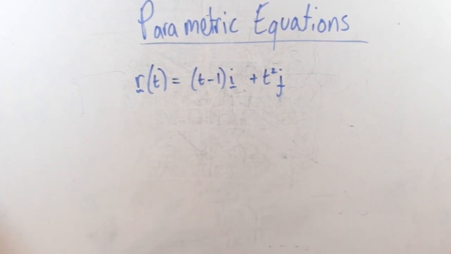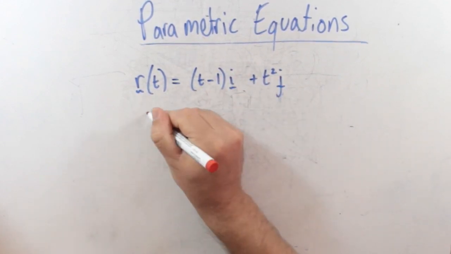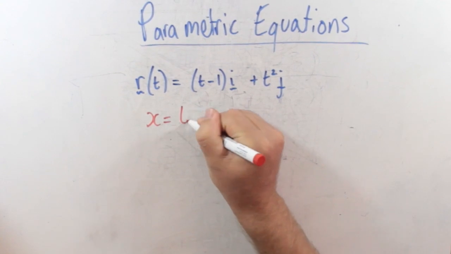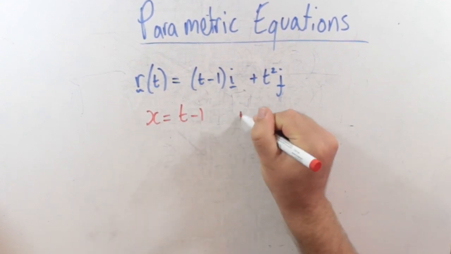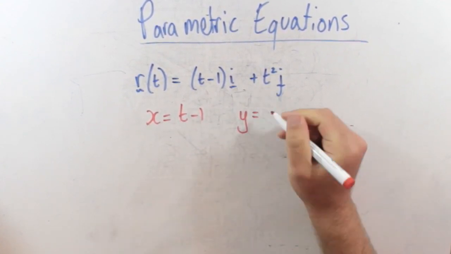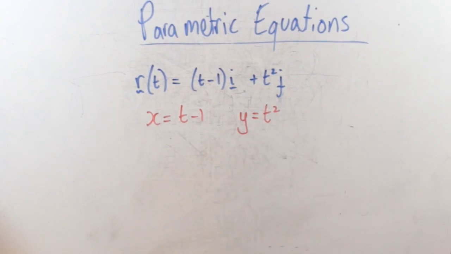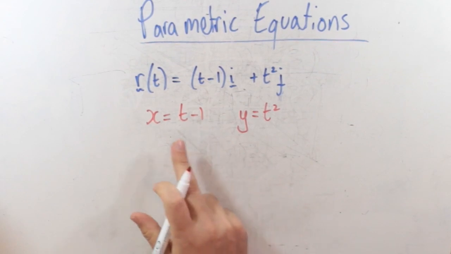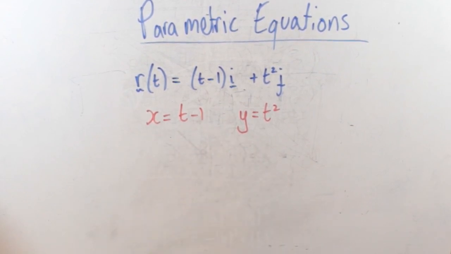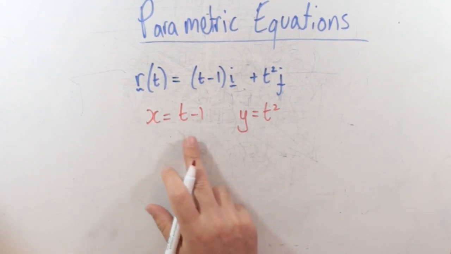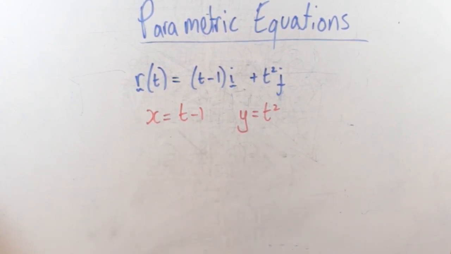Okay, so basically our i components have to equal x, so we go x equals t minus 1, and our y component is t squared. Okay, so we want to somehow combine these, so we cancel out the t's and we end up with just y's and x's. So we're trying to find the Cartesian equation for this by removing the parameter t.